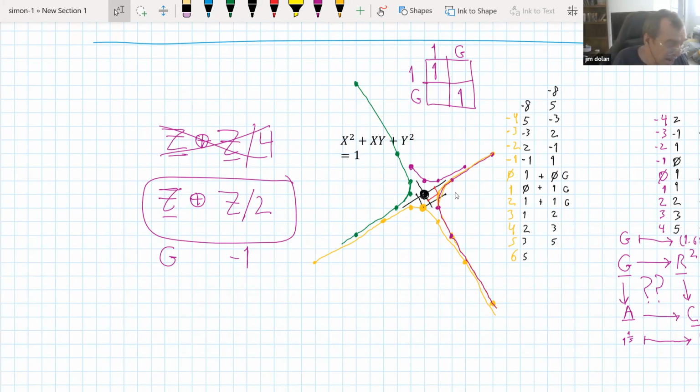Mm-hmm. So yeah, I think what's going on here, taking this as usual, it seems to me that GL1 here is probably the direct sum of Z mod 2 and Z. And the Z mod 2 is just the powers of -1.